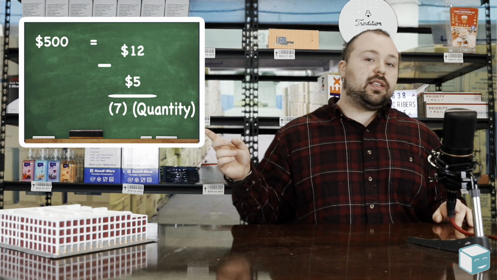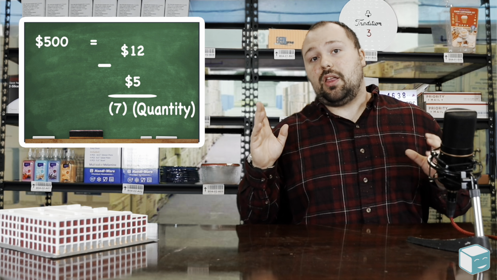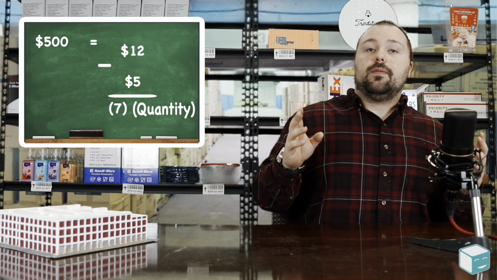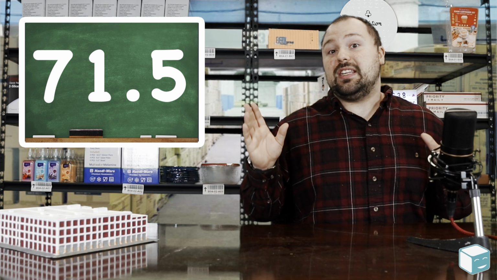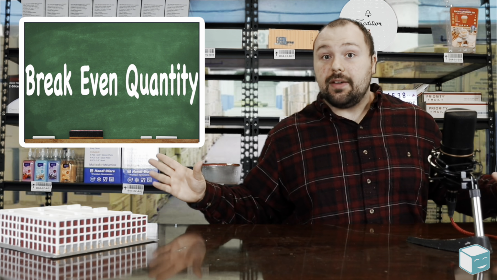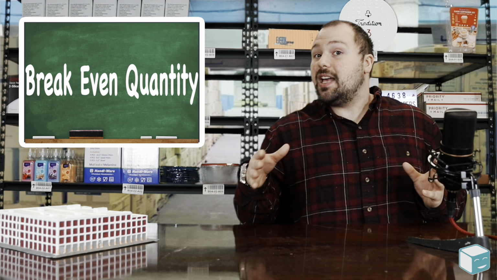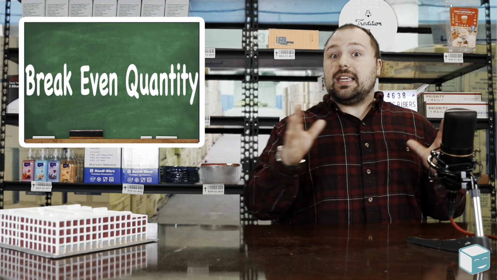As I work down through the math, you're going to find out that I would have to sell a quantity of approximately 71.5 units to break even. So I could sell approximately 30 less units and break even.